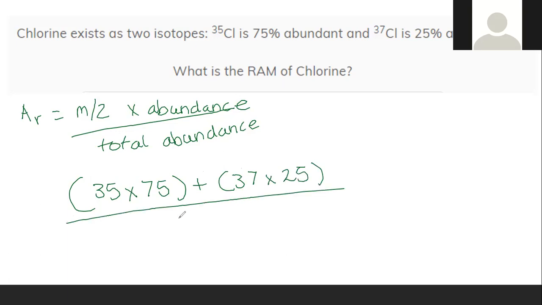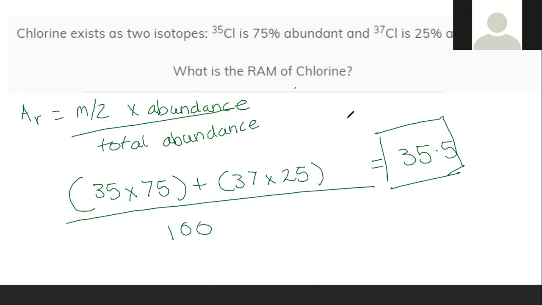Our total abundance is 100%. Divide them together, and if we pop them into a calculator, we would get the answer of 35.5. So our relative atomic mass of chlorine is 35.5.